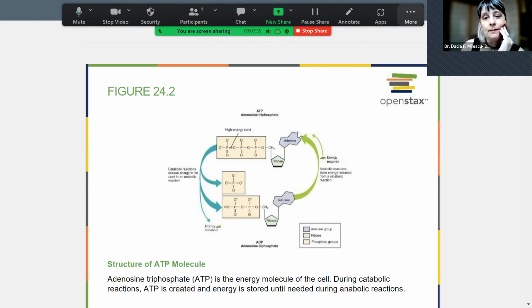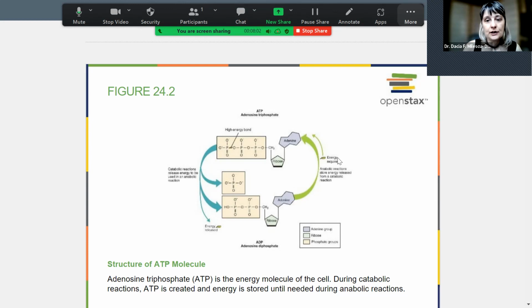We could also go in the opposite direction, and this would be buildup. We can go from adenosine diphosphate, through an anabolic reaction, where the energy released creates the final product, adenosine triphosphate.